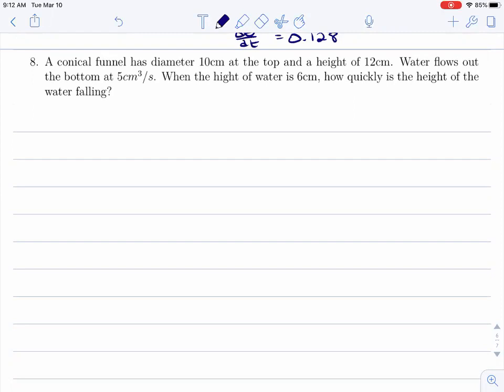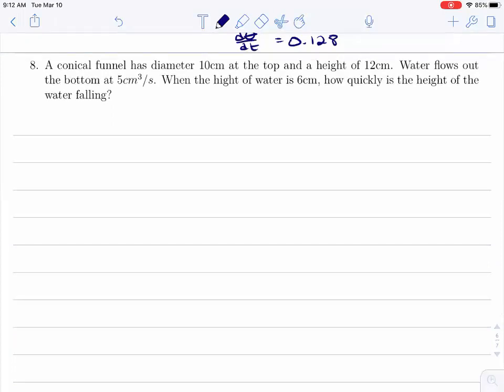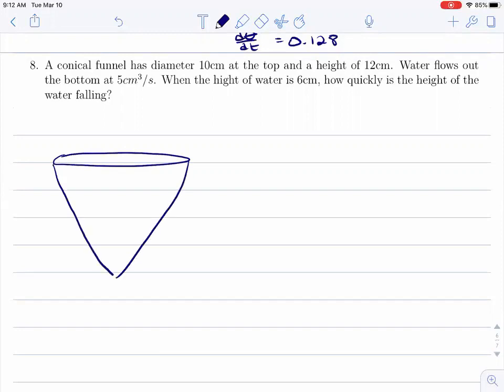So what does this thing look like, right? If we're talking about a conical funnel, then I'll just kind of draw it like this. And we can assume that these sides are straight, actually.